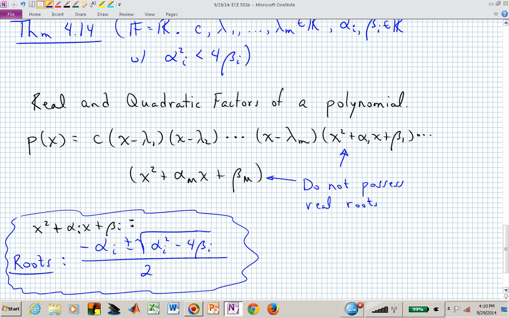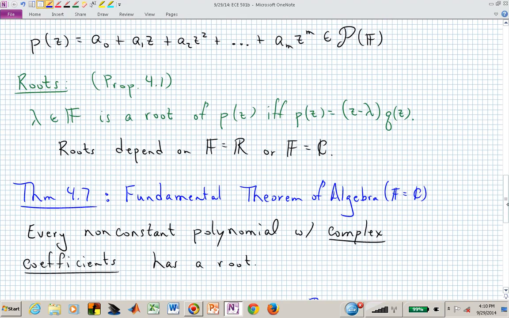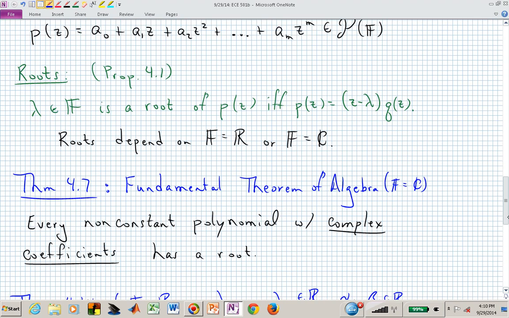That's all there is to Chapter 4 that we will cover today: Proposition 4.1, what do we mean by a root?